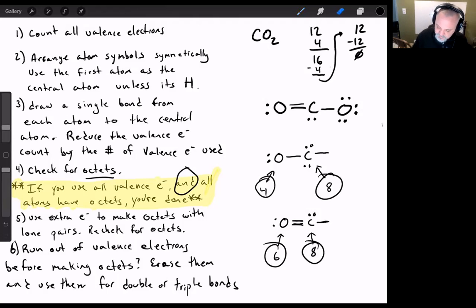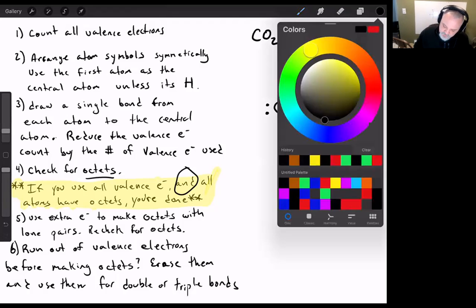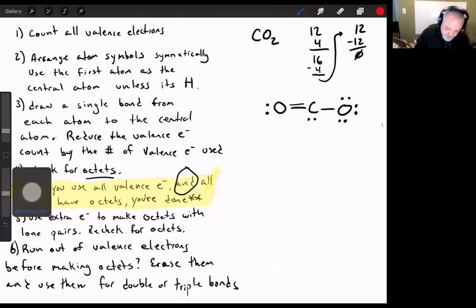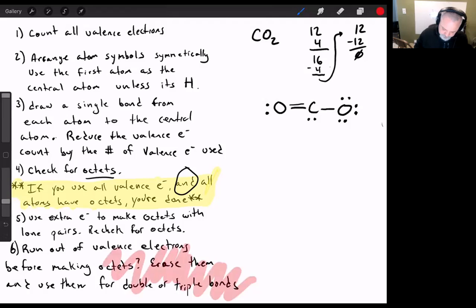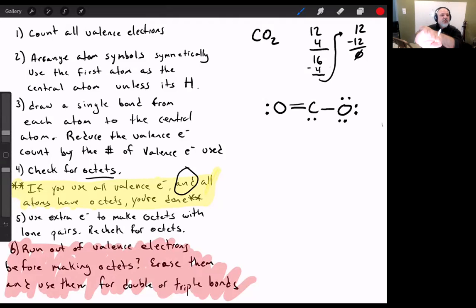Okay, let me erase this, because this is where things get complicated. Let me put it in a big red warning. This part is anything but straightforward, and you're going to see.